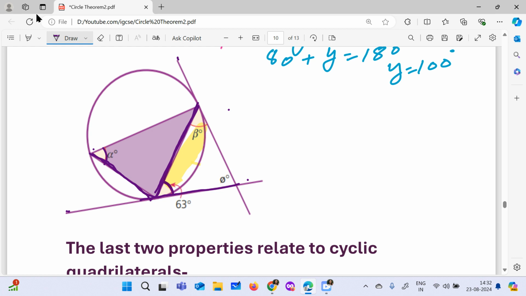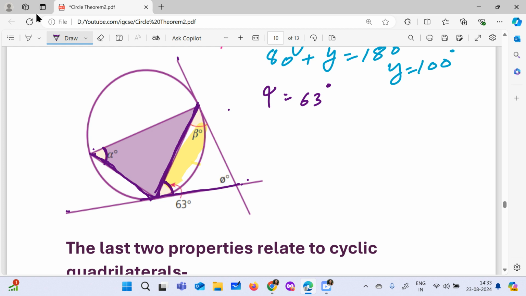Wait, first we find beta. No, it's not 90, we don't have a semicircle here. This is a chord, and this chord and this tangent form 63, and this is your alternate segment where the angle is formed. Now tell me, what is the measure of this alpha? 63. Yes, alpha is 63.